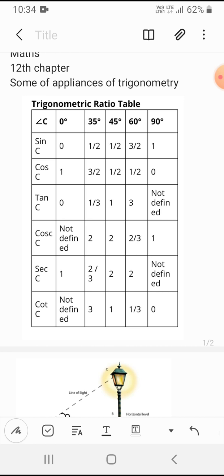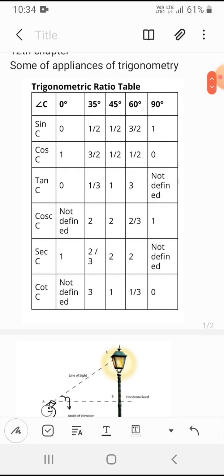At 30 degree it is 2, at 45 it is root 2, at 60 degrees it is 2 by root 3, and at 90 degrees it is 1. And secant is 1, 2 by root 3, root 2, 2, and at 90 degree they have not defined it. And cot theta, they have not defined the 0 degree value, and at 30 degree it is root 3, 1, 1 by root 3, 0.